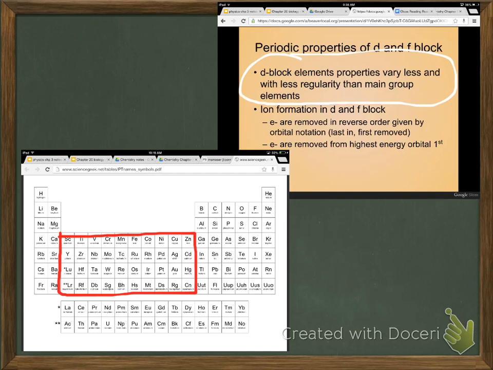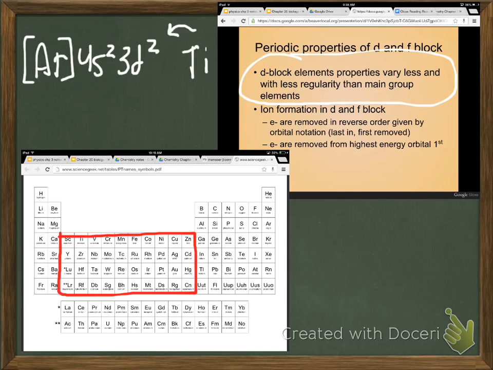Not as much variation, not as predictable. I mean, we know that they're all reactive and that half or more of them are radioactive. The important thing to understand, and this will come back into play when we start doing bonding in the next chapter, is this. So let's draw the electron configuration, using the noble gas shortcut for titanium.